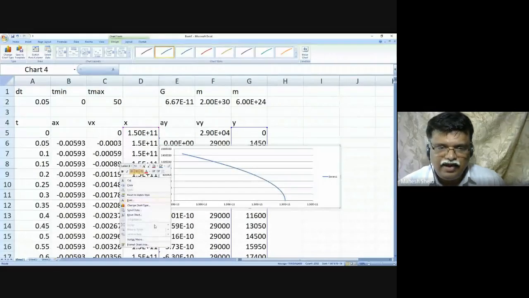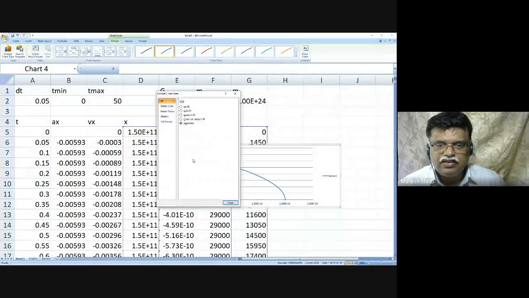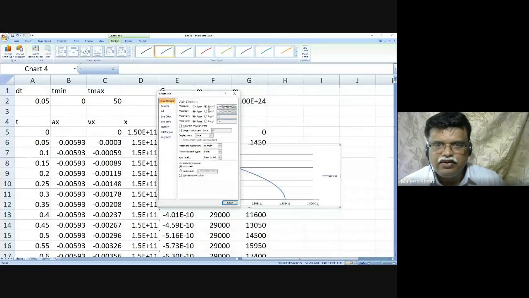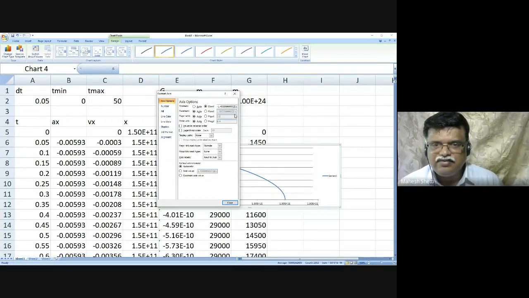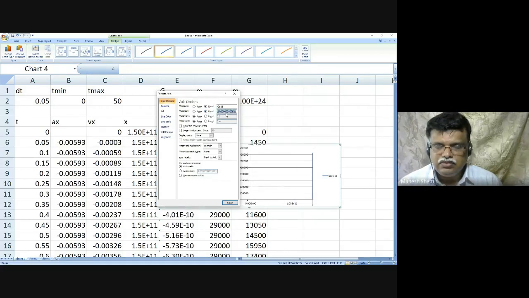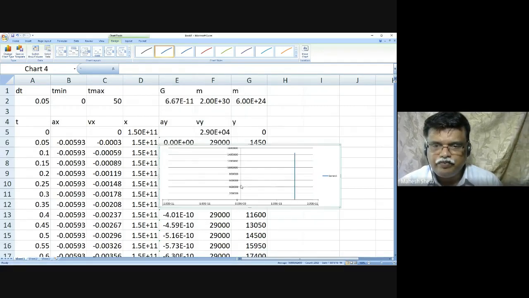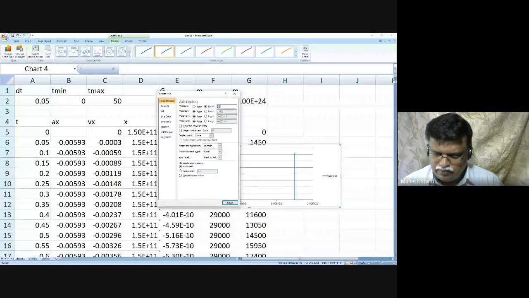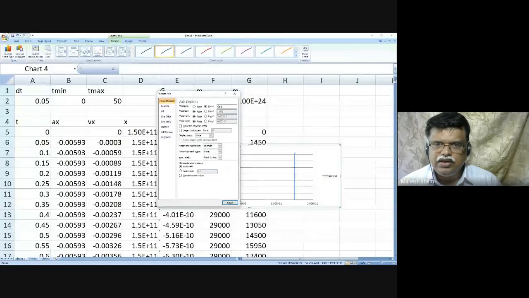Let me keep the same scale. If the scale is different, then okay. So I'm going to keep the minimum value as minus say 2E11, maximum value as 2E11, and here also a minimum value of minus 2E11.